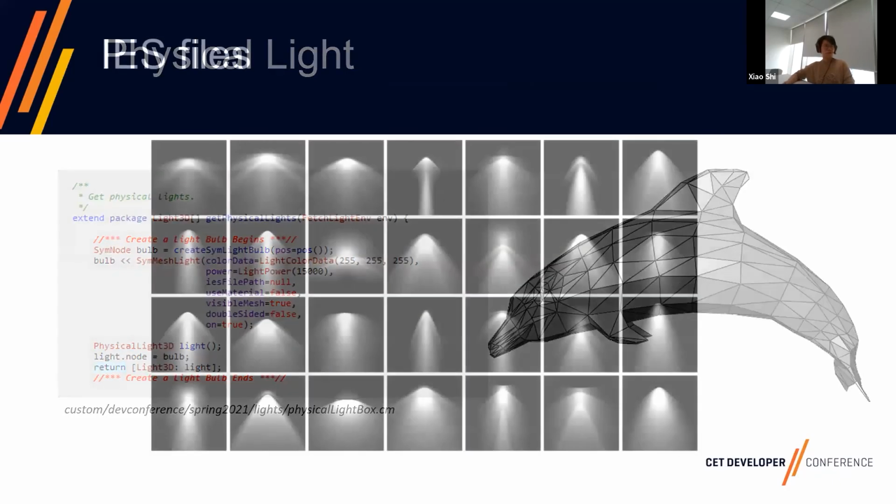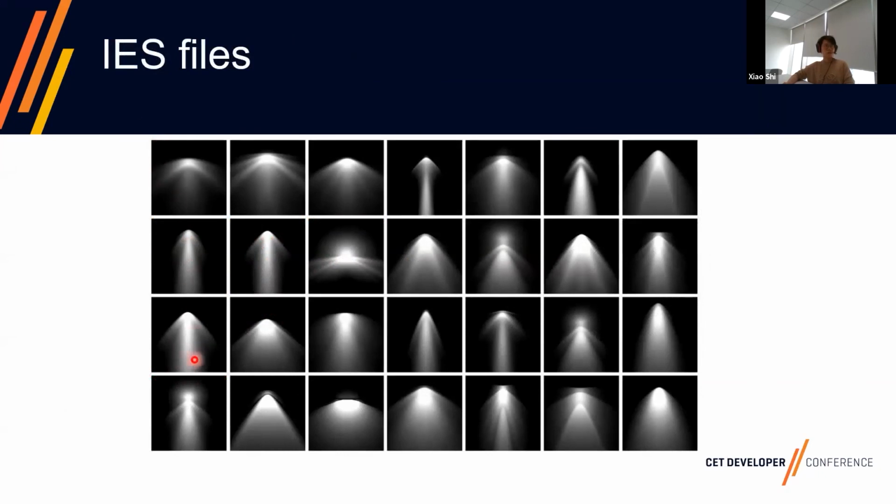And here is actually the IES file that I just mentioned. Before, in the OmniLight 3D and the Spotlight 3D, we could control the shadow by code, but that didn't turn out very nice. So right now, we offer the opportunity to pass in this IES file, and these are some previews of the IES file, and this will be how your light will look like.